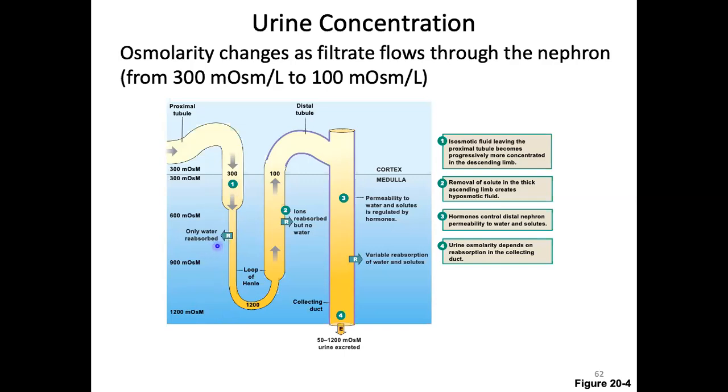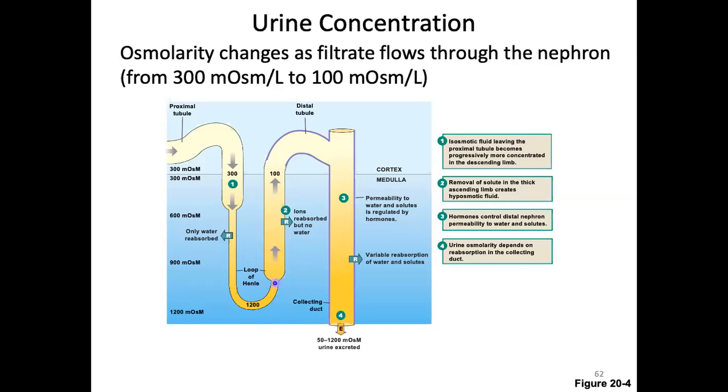Because we had this concentration gradient set up by the ascending limb of the loop of Henle. In the ascending limb, ions are reabsorbed, but water can't go through. It's impermeable to water. So we pulled in a bunch of sodium from here all the way up, and that sodium would stay in this interstitium in the blood and pull water in.